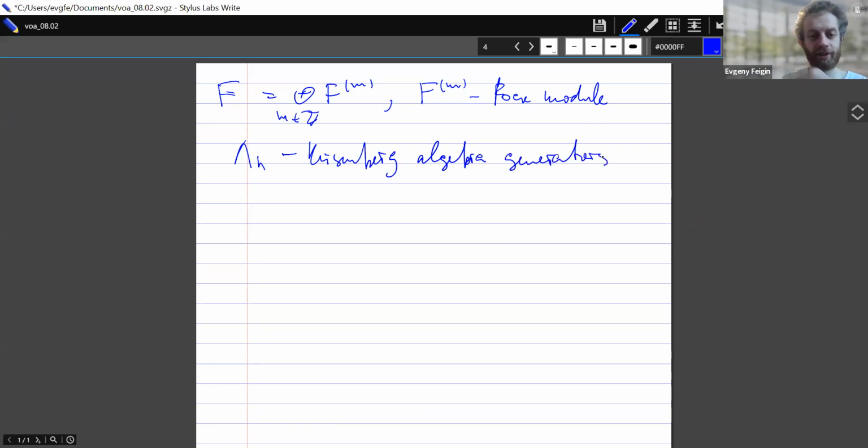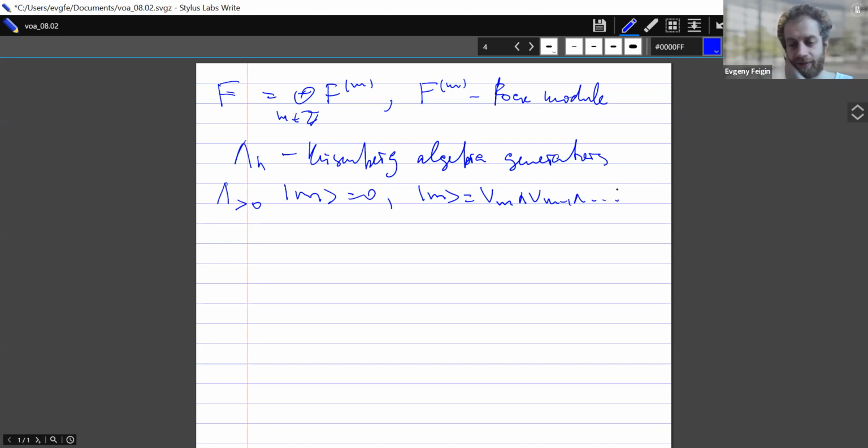So in particular, the positive lambdas kill the highest state vector, being the vacuum, and the negative lambdas generate the whole space.